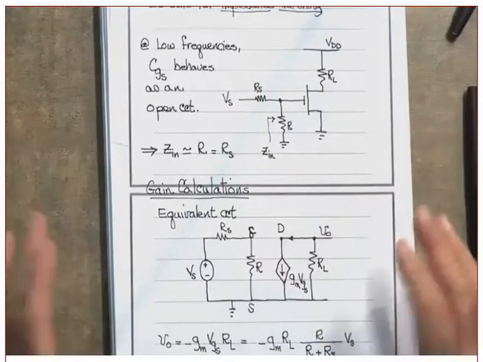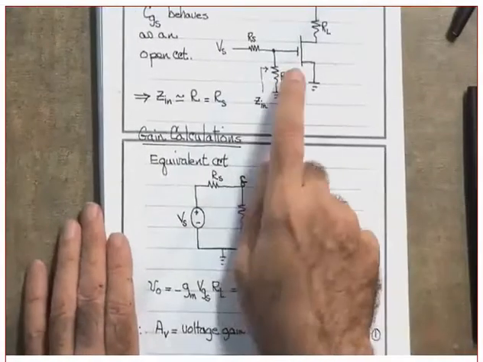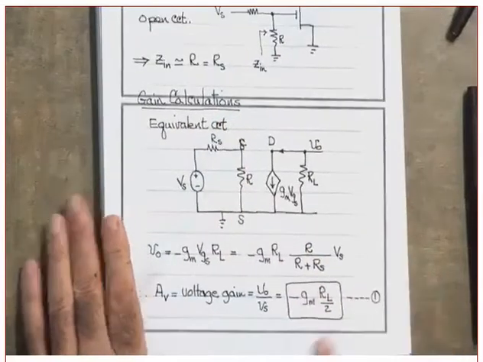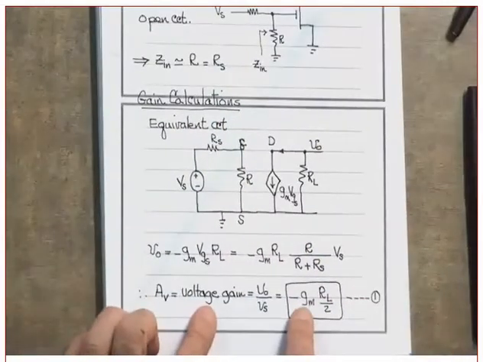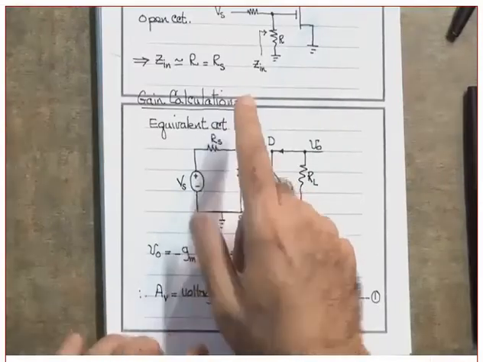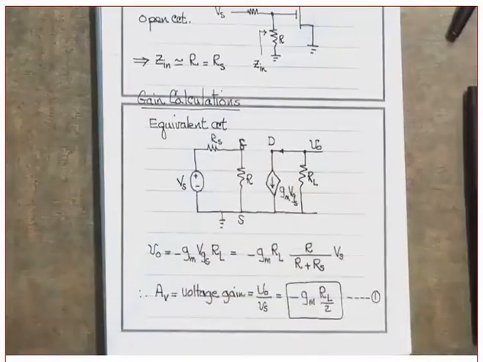But what did we end up with? When we did the gain calculations, we ended up with a dilemma here. We found that the voltage gain was equal to minus GM. Minus, by the way, is because this is a common source. A common source will introduce a 180-degree phase shift between the input and the output.